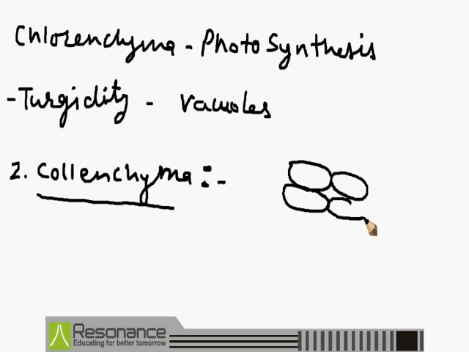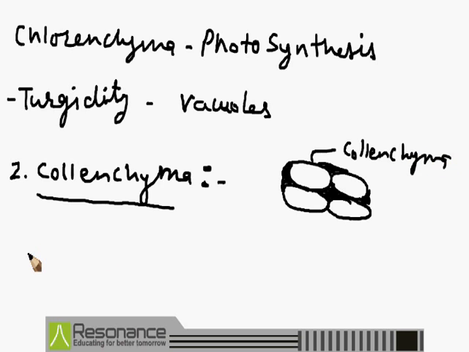Such types of cells are known as collenchymatous. It means the intercellular space is completely absent and the corners of the cells have depositions of pectin and cellulose. Such types of cells are known as collenchyma.